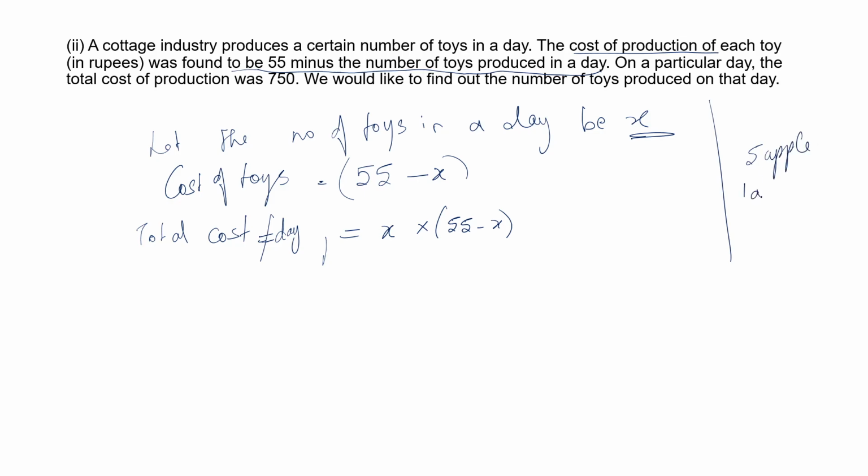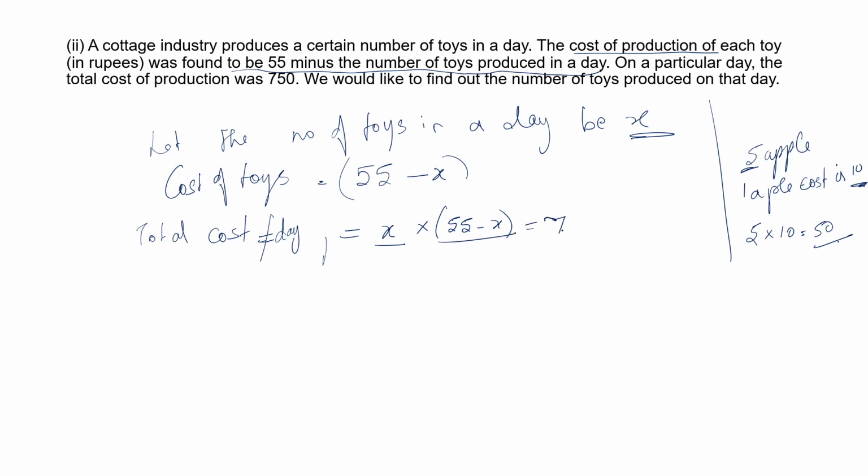One apple costs suppose 10 rupees. So the total cost will be number of apples into the cost, right? 50 rupees. That's what I am saying here also. The total cost of production is nothing but the number of toys produced into the cost of one toy.